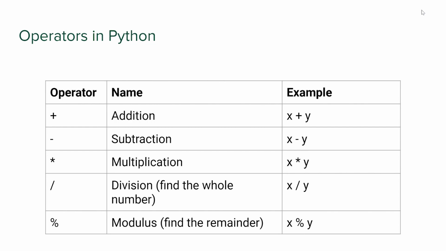It would be 4. Because even though 21 divided by 5 is 4.2, 4.2 isn't a whole number. It's a fractional point. It's a floating point. And even though Python can store 4.2, the division operator in Python will output the whole number value, which is 4.